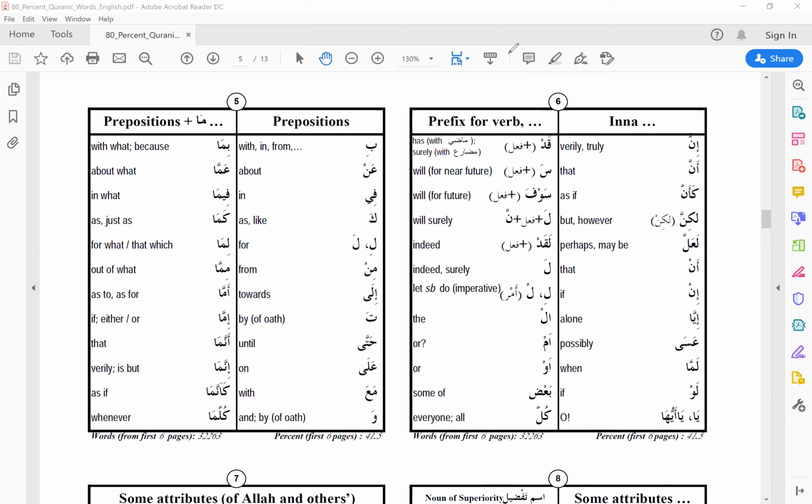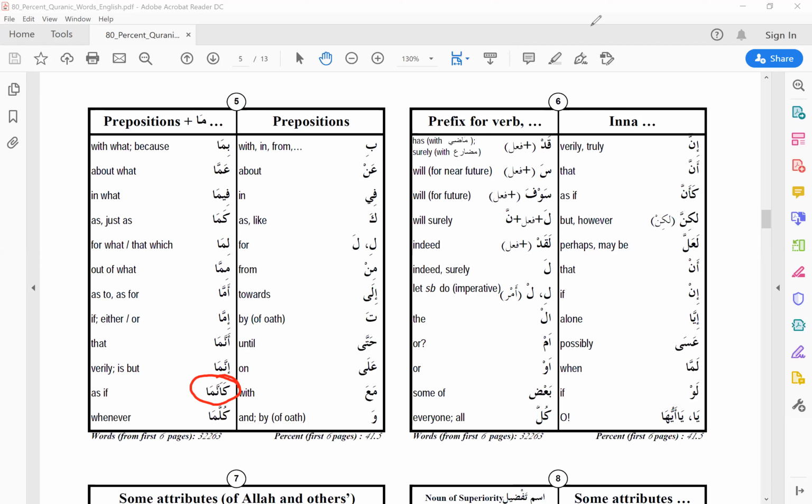Here's a question. What is the difference between ka'anna and ka'annama? Let me find them in here.